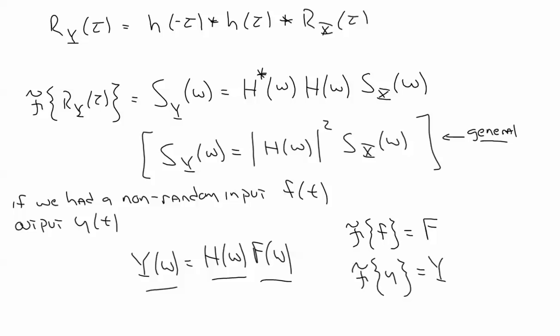If I have a random input, the power spectral density of my random output is the modulus squared of the transfer function multiplied times the power spectral density of the input. Pretty handy. Couple of things to note.